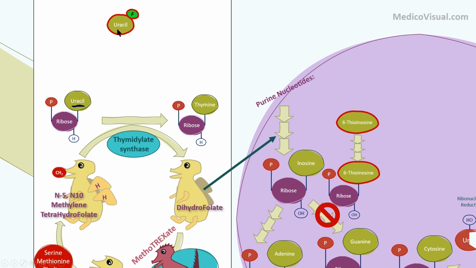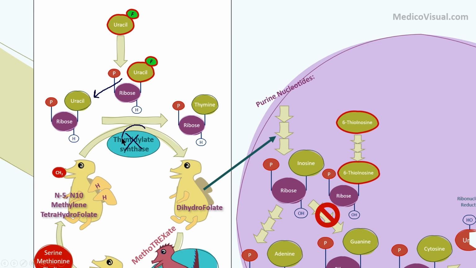So 5-fluorouracil will be converted through normal metabolism in the body into its deoxyribonucleotide form, and this deoxyribonucleotide form, because of its structural resemblance with uracil monophosphate, will block this enzyme.